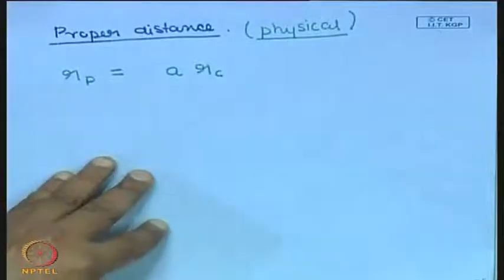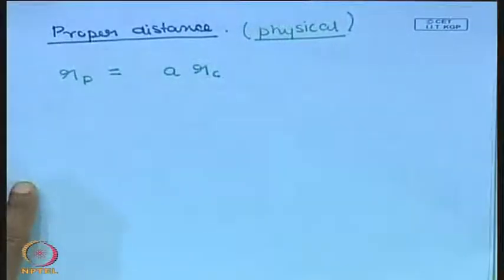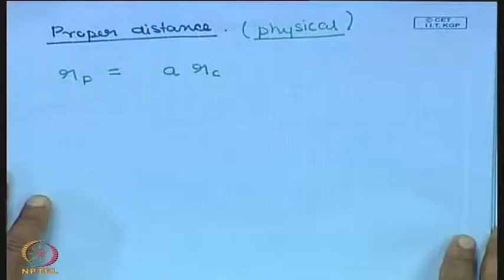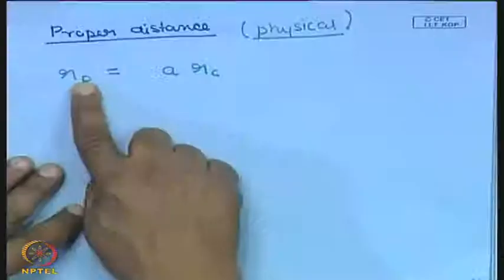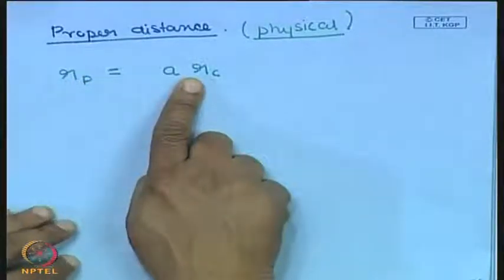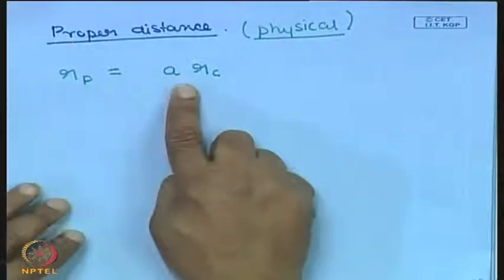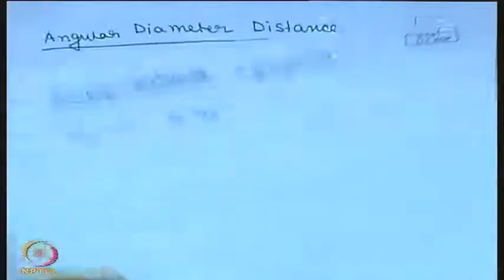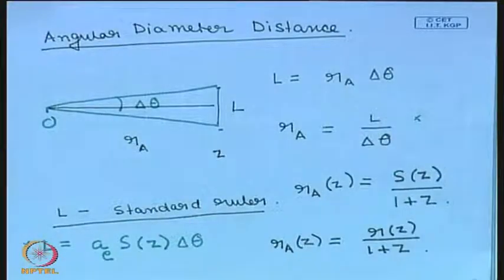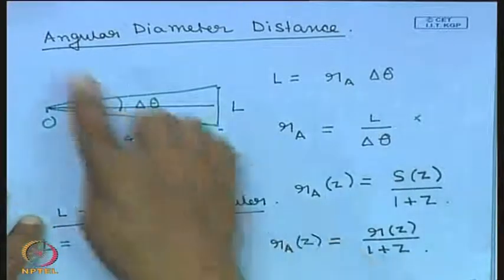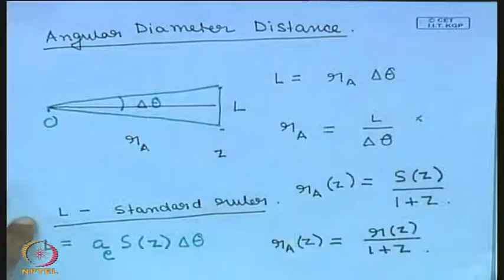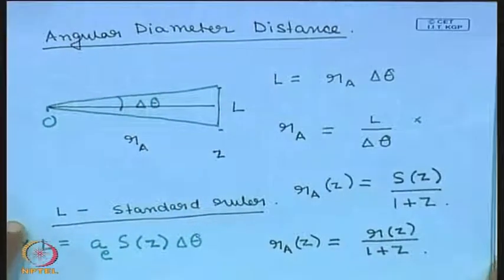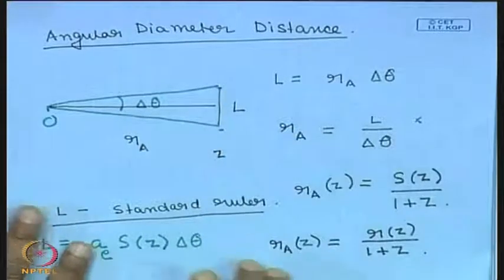Okay. But then I told you that comoving distance is not a physical quantity. The first physical quantity that you can define is the proper distance, which is the actual physical distance between 2 points, but again you cannot measure this. So, from the observational point of view, the first important thing that we discussed is the angular diameter distance. And let us recapitulate how the angular diameter distance is measured.